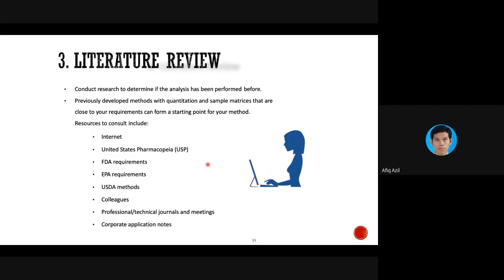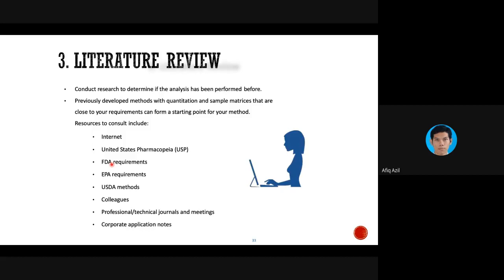Or another option is you can also refer to the Japanese pharmacopoeia. That one is also free. You can refer to the current version and it is also free. Other than that, you can also refer to regulatory bodies, or regulatory agencies like the FDA, Food and Drug Administration in the US, or in Malaysia, the NPRA, National Pharmaceutical Regulatory Agency.